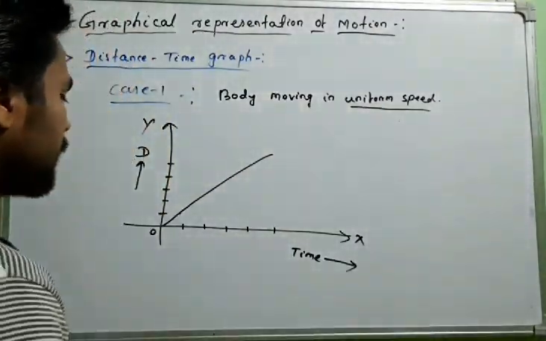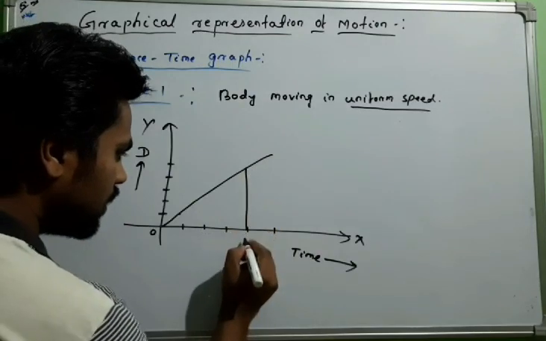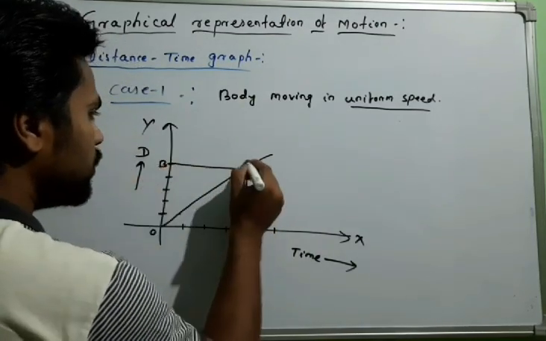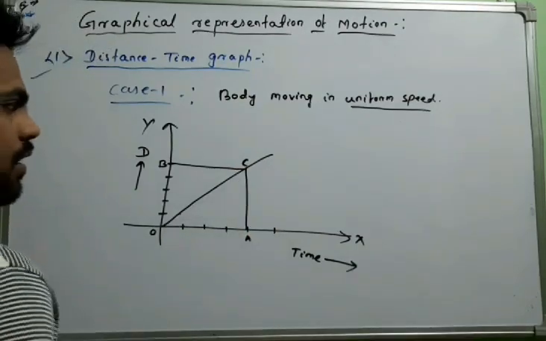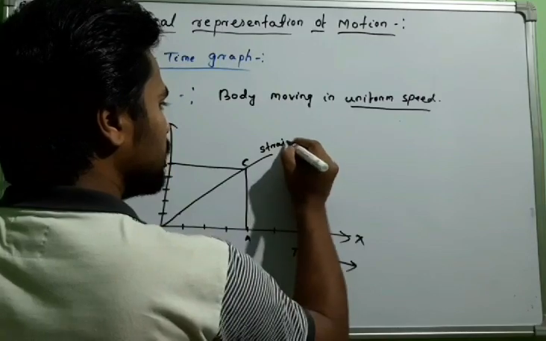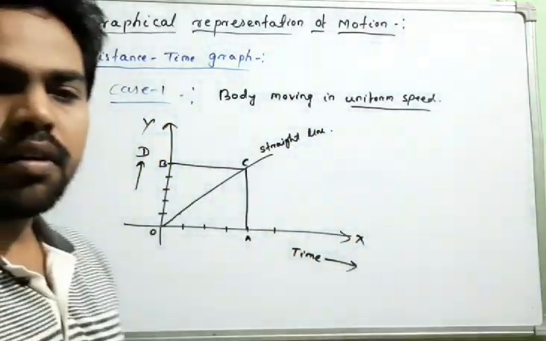Clear or not? If I take this as O, this as A, this one as B, this one as C. Write down: the graph looks like a straight line.